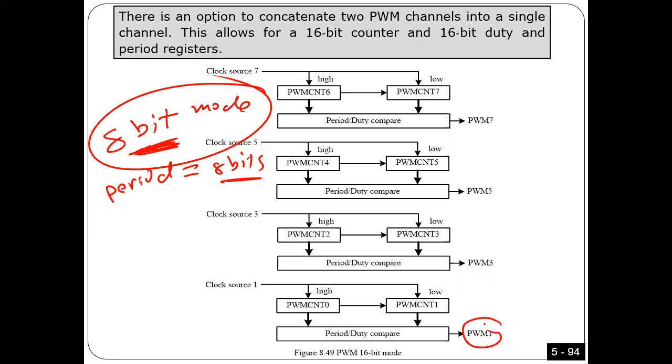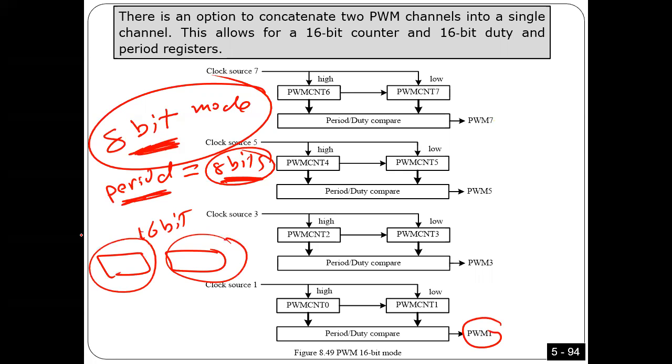So I can get channel 0 and channel 1, concatenate them together. Why? First, what do you mean by concatenate? What I mean by concatenate is, okay, I need the period register to be 16 bits instead of 8. So I'm gonna take the period register from one channel and the period register of the other channel, and concatenate them to make them 16. But why do you wanna make it 16 instead of 8? Okay, I'm gonna tell you why.